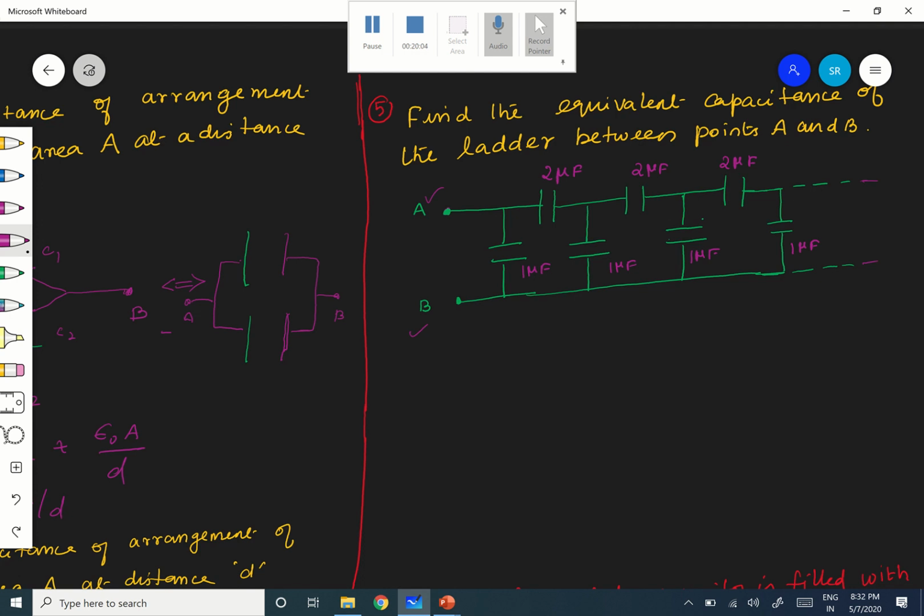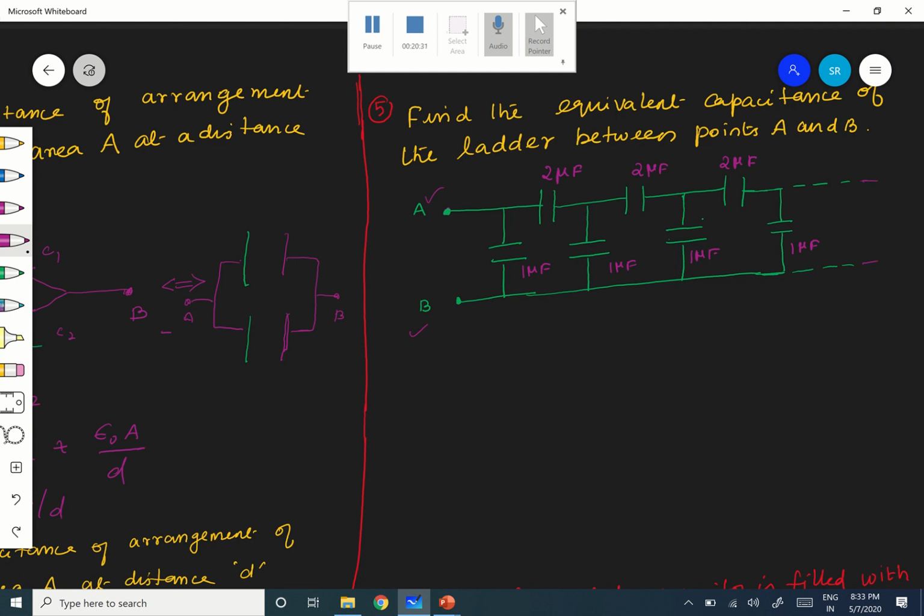This problem is very, very important. It is not only three segments; it is an infinite number of segments, but identical segments. That is why it is given like that. Therefore, you are asked to find the capacitance between A and B. Very simple. How to find it?